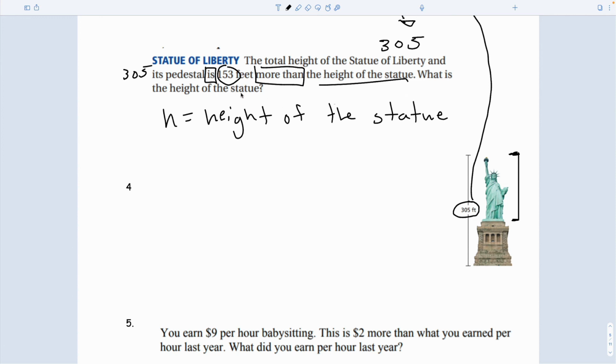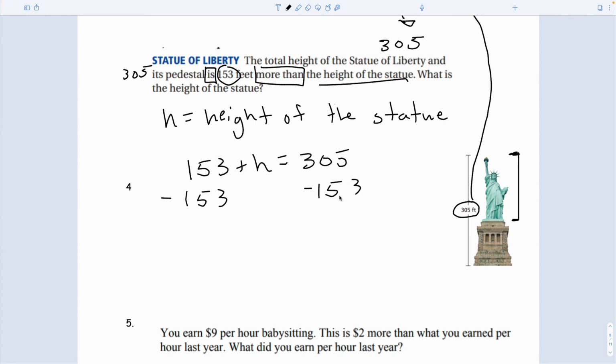Colton, Sean, get to your correct page, please. Lauren, give me an equation for this. Great. It's because the h is more than 153 more than the h is 305. Thanks. That works. If you subtract 153, what is my answer?